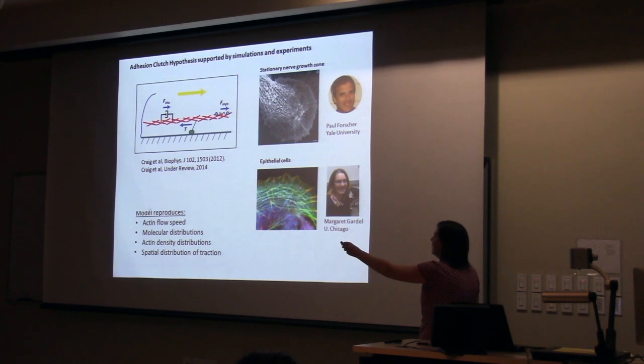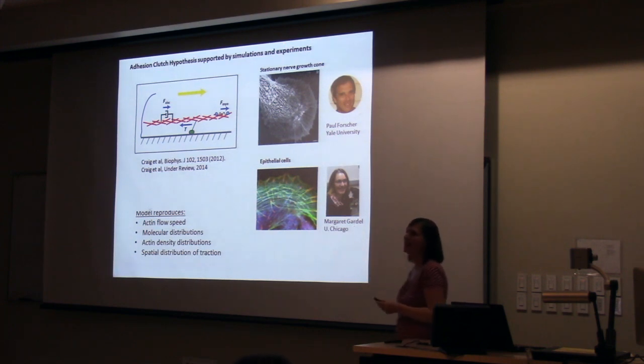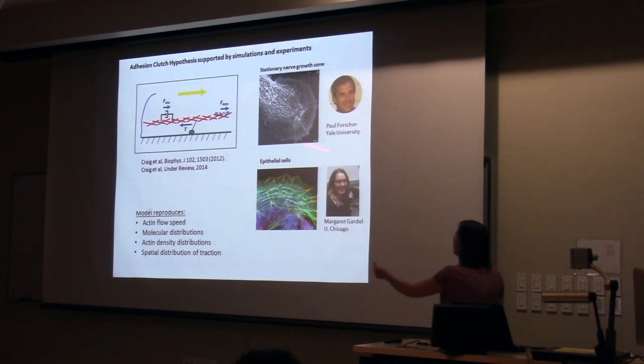And then we compared the predictions of our model with what was seen experimentally in different types of cells. So we worked with both Paul Forscher, who studies nerve growth cones, which, to remind you, are those structures that lead the outgrowth of axons. And we also worked with Margaret Gardel, who studies epithelial cells.